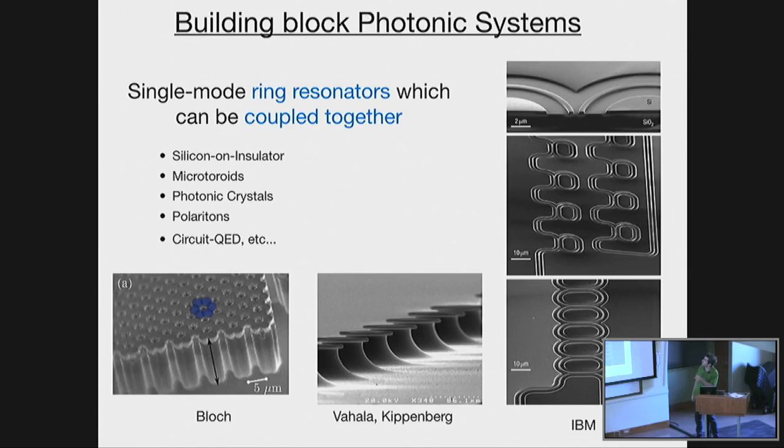And if these two dielectrics come close to each other, the electromagnetic wave can tunnel from one waveguide to the other waveguide. So if you put a bunch of them next to each other, the photon will hop from this resonator to the next resonator, etc. Okay, so you can make a 1D array of it. You can think of it also in an exciton polariton system, where you can make gallium arsenide coupling to light and then pattern the system. So then the polariton will hop from one site to the other.